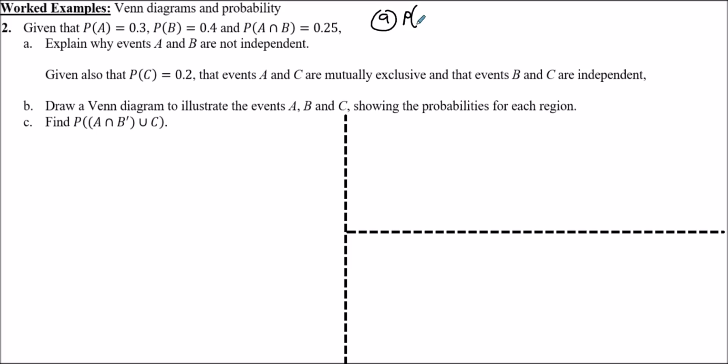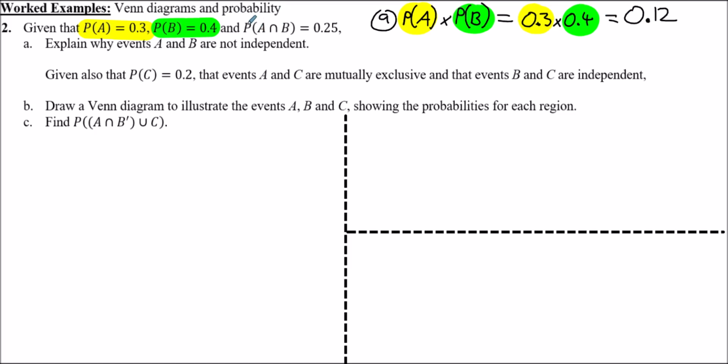So probability of A multiplied by the probability of B. Well, luckily we're told what these are. So probability of A is 0.3 and the probability of event B occurring is 0.4. So we just times these two together. So use a calculator if you really want to, that's fine, but 0.3 times 0.4 gives us 0.12.